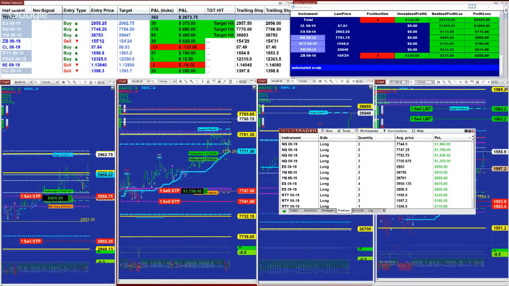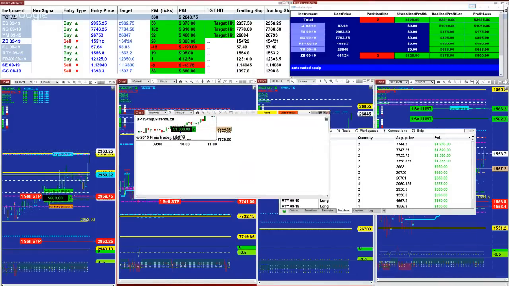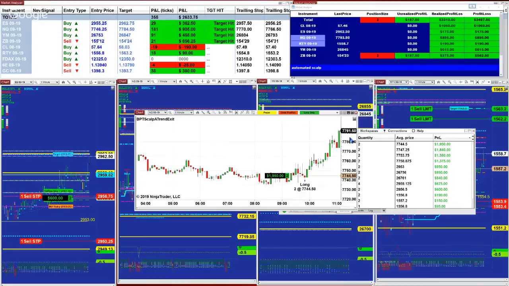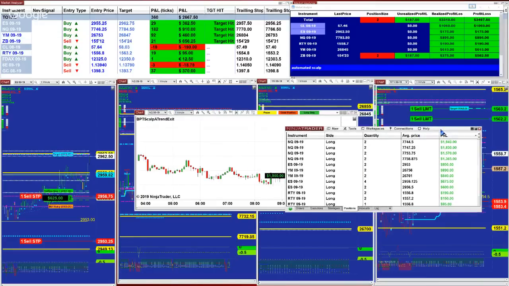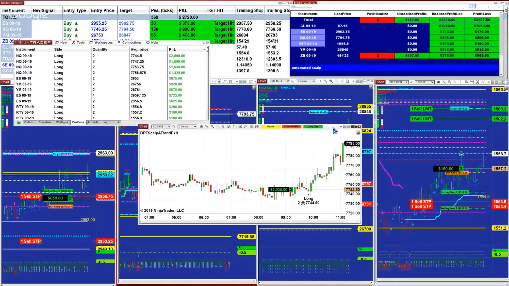This is the full automated trade, and this is the best one we have for today. The best trade is on the Nasdaq. I'm not going to pull out on the ES.